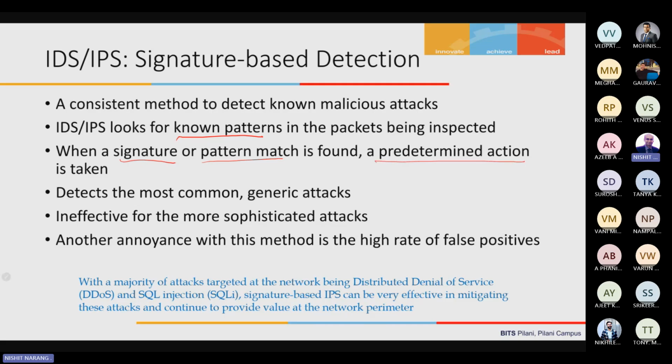So using a combination method, see, all of these techniques have their own shortfalls. Signature based requires you to have a pre-understanding of attacks. So it can detect the most common and generic attacks which have already been detected. And for them, you have a known pattern or signature in your database. But it cannot prevent a 0-day kind of an attack, because something which has not been detected, a signature based method will not know.